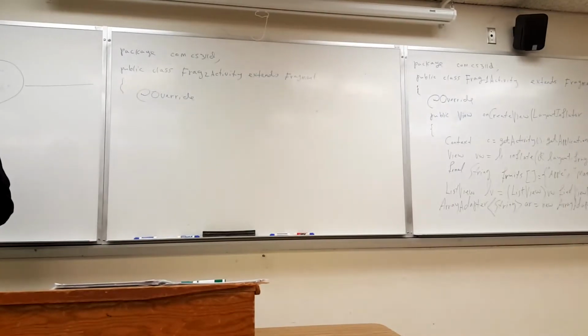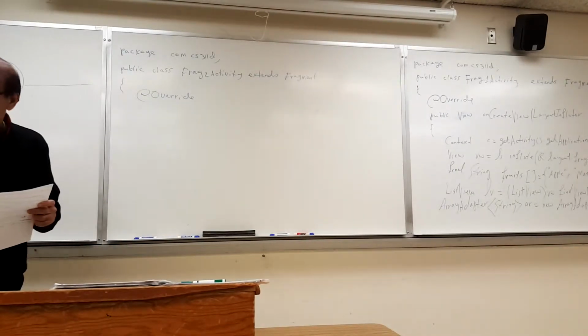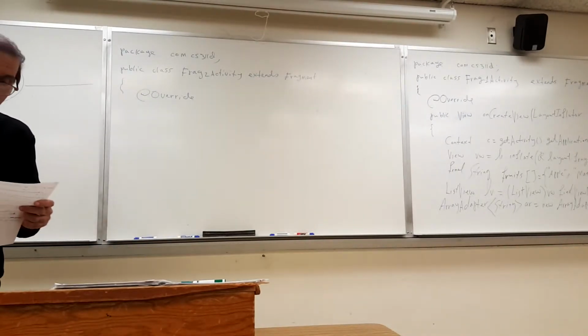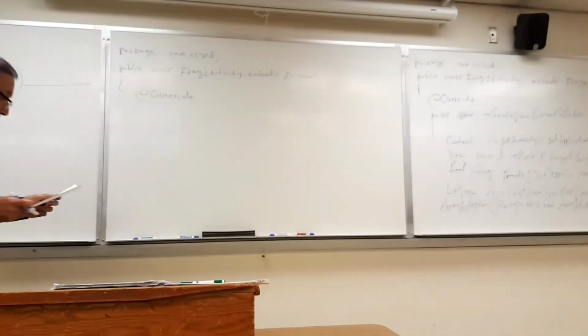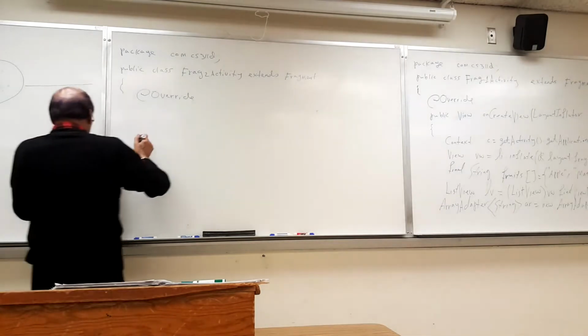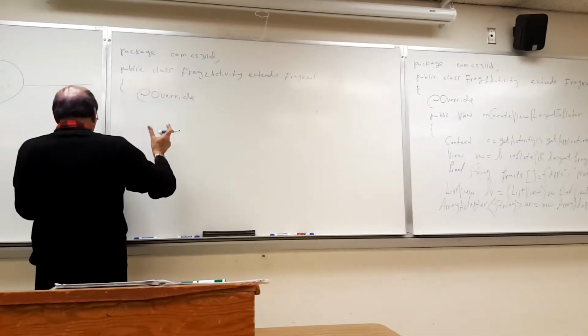As I mentioned earlier, the only method that normally we are overriding is onCreateView. This is the one that is going to come to life when it will be called.